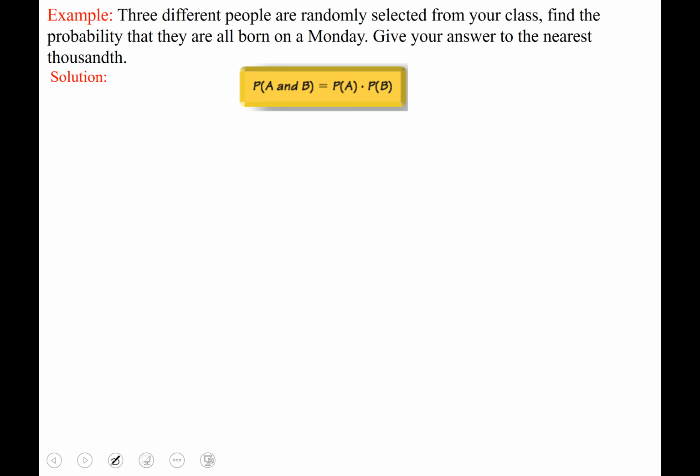So we're going to use the top rule from the last slide, where we take the fraction for probability of event A occurring, multiplication, probability of event B occurring, and we're going to have a third event, so we're going to multiply it by the probability of event C occurring, because we are going to talk to 3 different people.